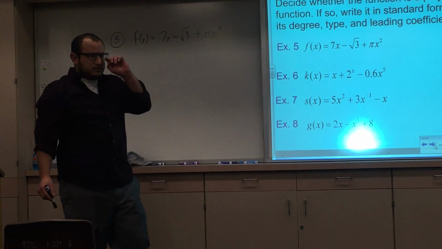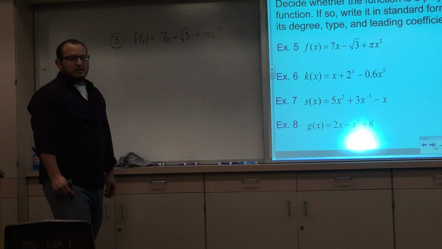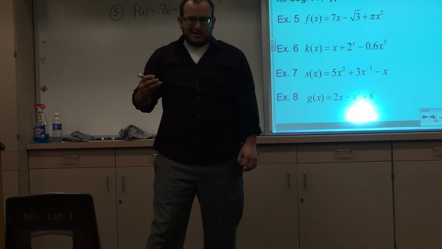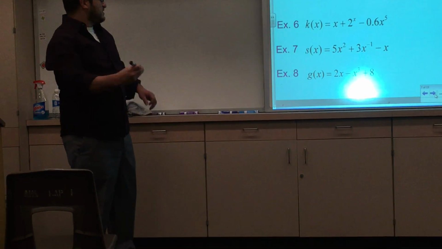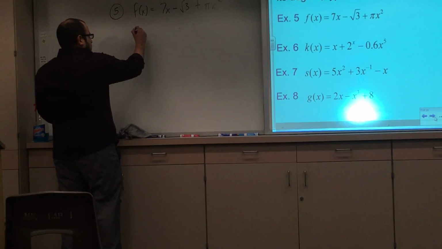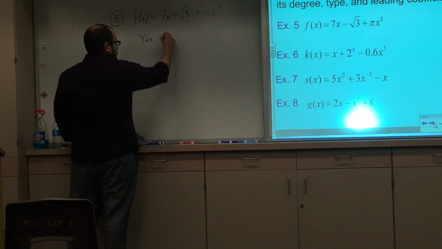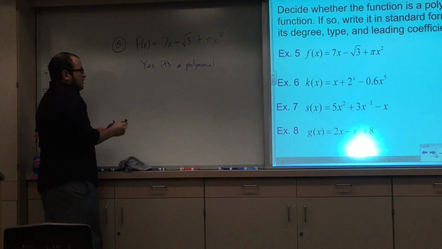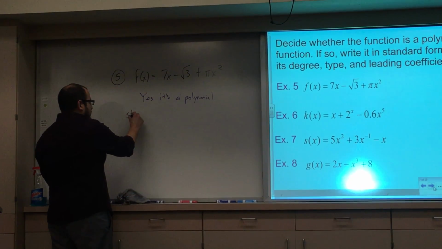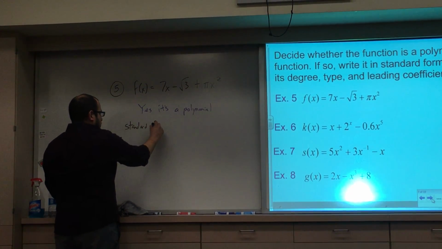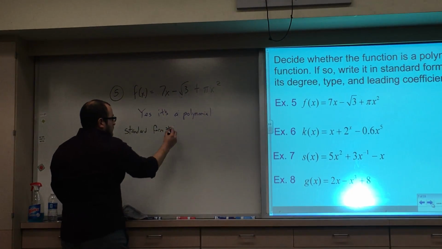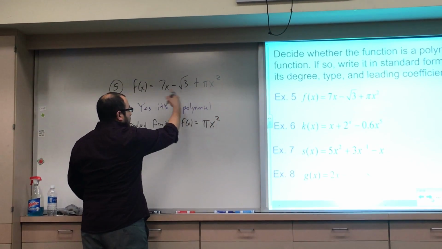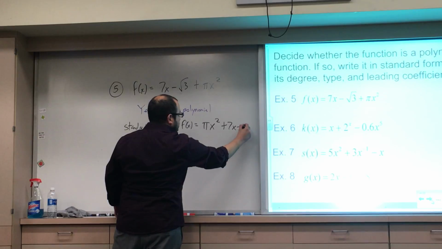Alright, so first step, is it a polynomial function? This might be tricky because we have a square root, but again, if you punch in square root of 3 into your calculator, it is actually a number. So this is actually a polynomial, so the answer is yes. Put it in standard form. f of x equals pi x squared plus 7x minus radical 3.